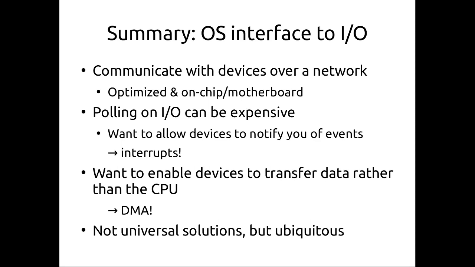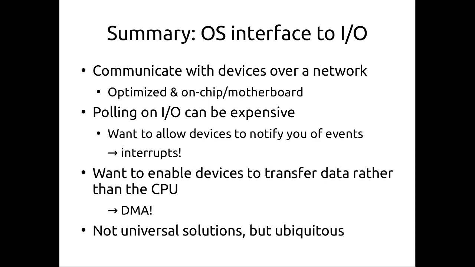And then we said, well, once data is available and we know it's in device controller buffers, then we need to manually read it out a byte at a time from the CPU. That's very slow because every time we read a byte, it goes over that network speed, 900 nanoseconds for PCIe. So that's not good. So let's use DMA, direct memory access, to have the devices transfer the data themselves.